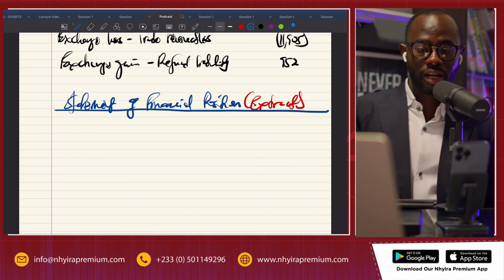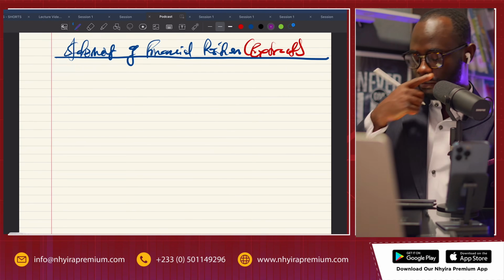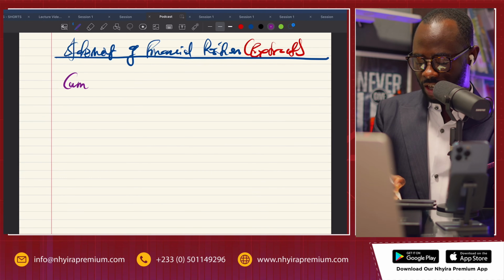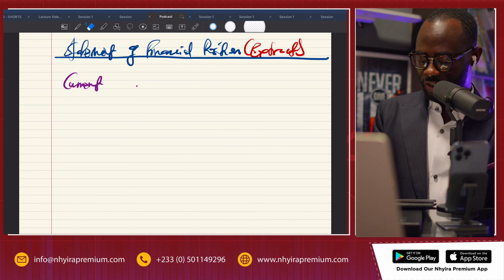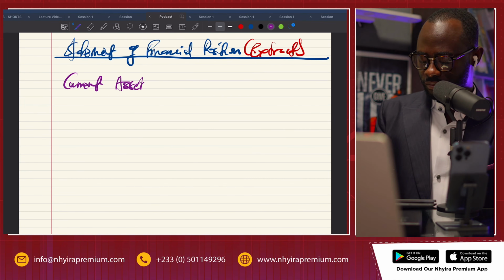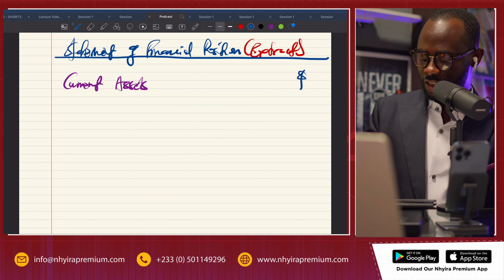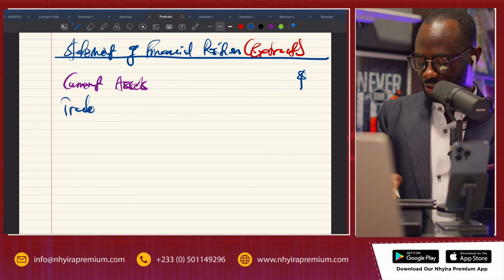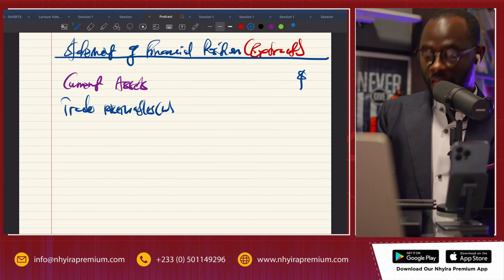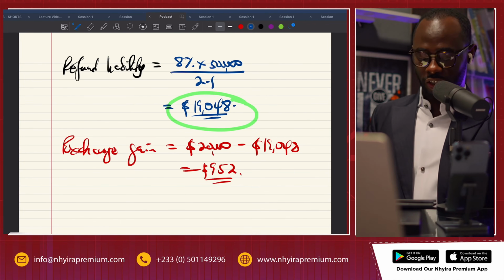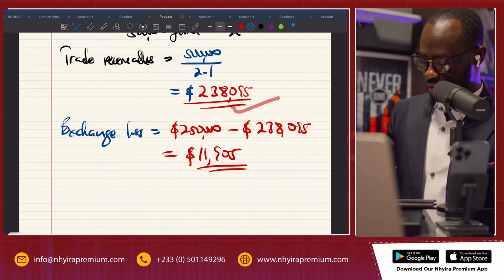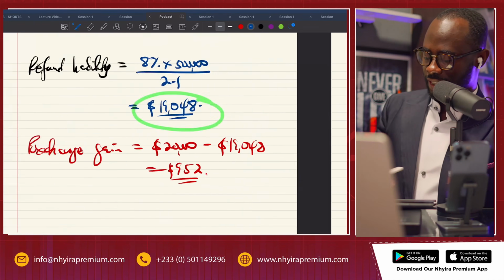We will have current assets first. Under current assets, we bring in the trade receivables and the translated closing figure, which was 238,095.